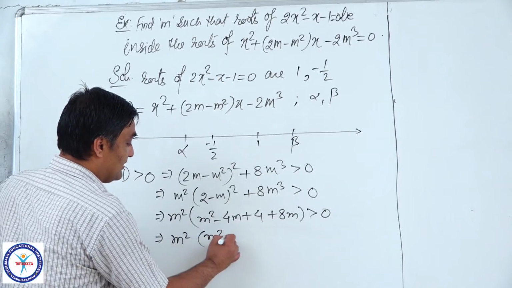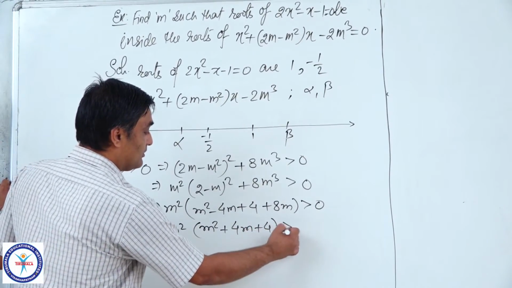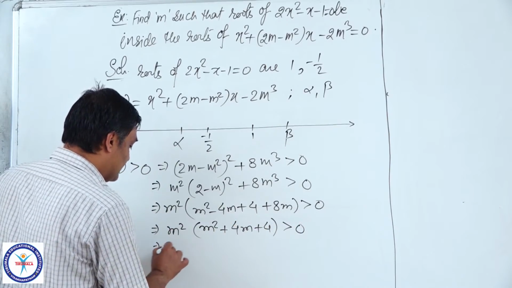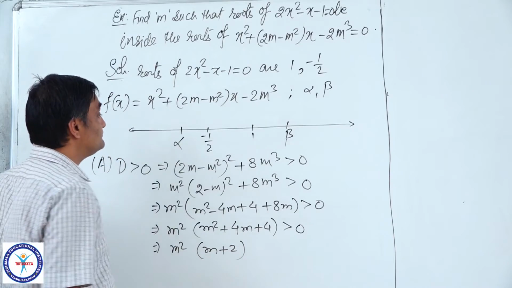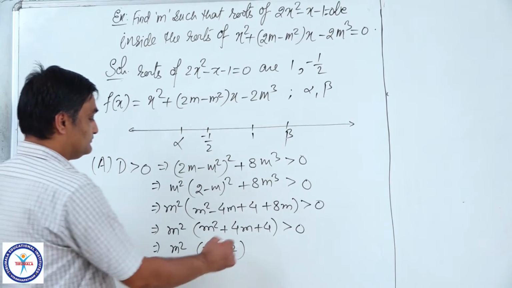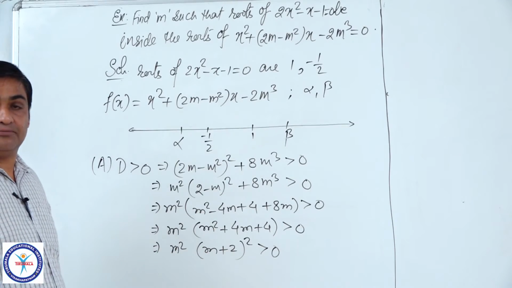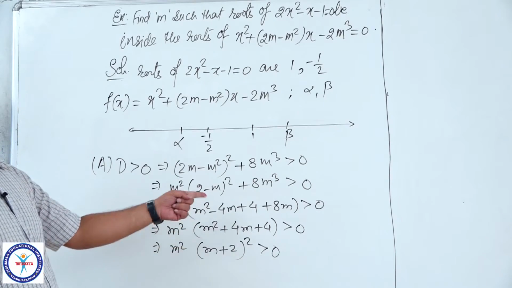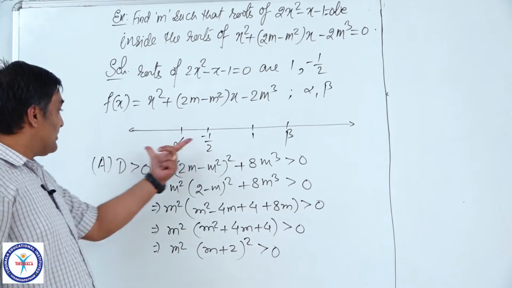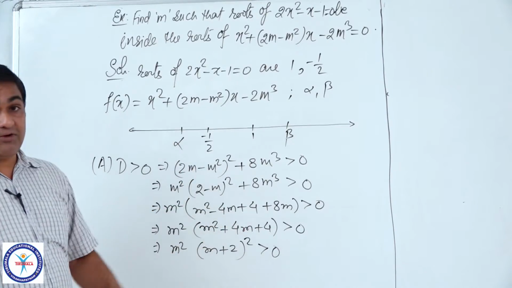M square plus 4m plus 4, and this is nothing but a whole square. It has to be always greater than or equal to 0. But in this case, can D be equal to 0?